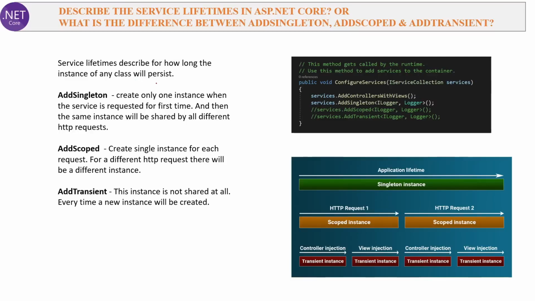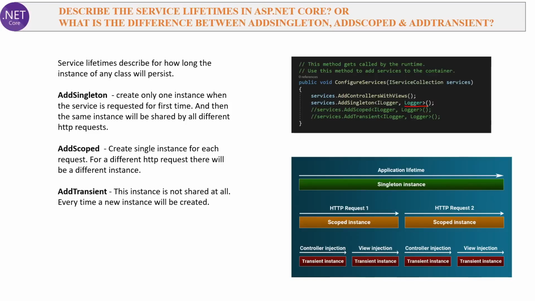Suppose in your application you have written a Logger class, which opens a text file and logs every exception in it. To make it effective, what will you do? Once a request arrives, you will write the code to open the text file and then write the exception, correct?